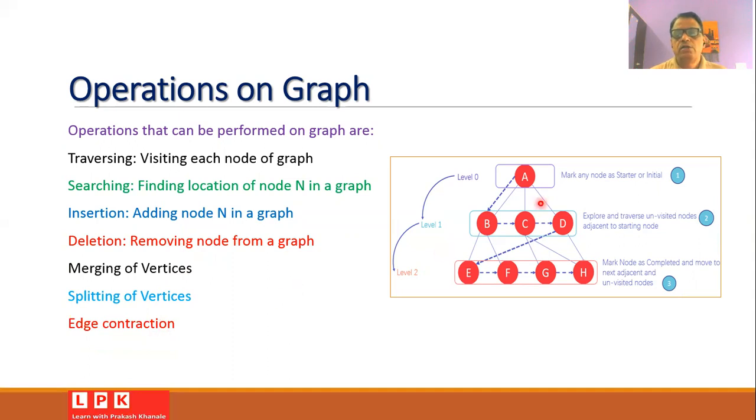As shown in this diagram, as far as the traversing operation is concerned, we can start from level 0 with a root, and then go on visiting each and every element. So we have to start from some node, isn't it?